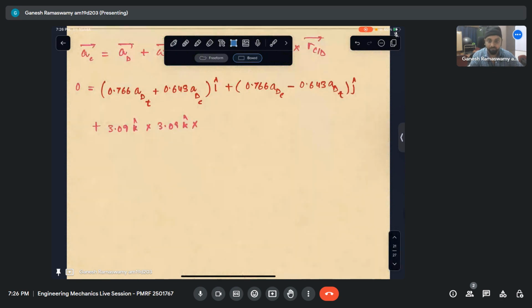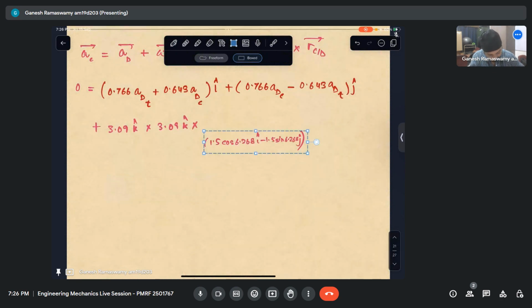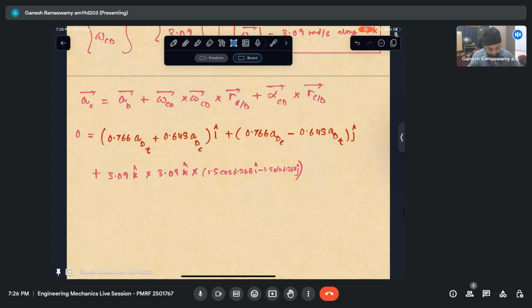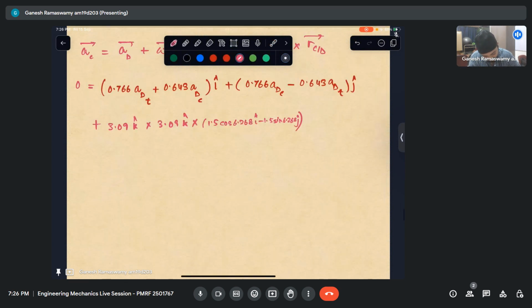So this is omega cross R, and then we have alpha. We have considered alpha to be alpha CD K cap, so it will be plus alpha CD K cross the same vector.